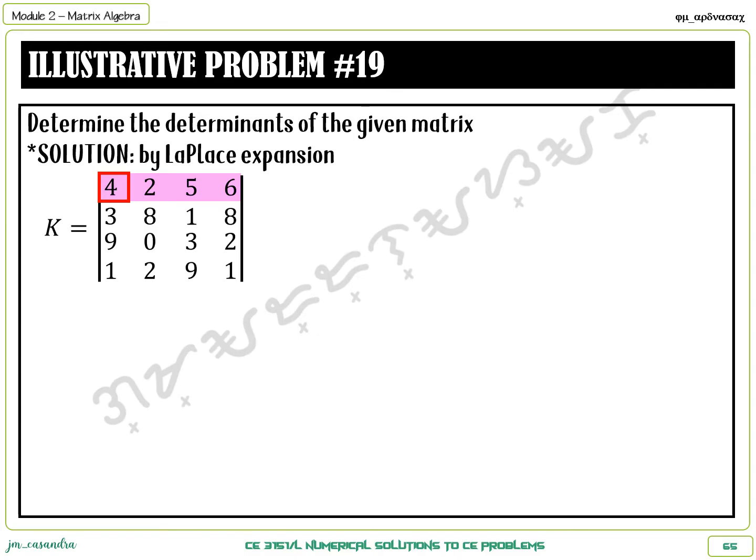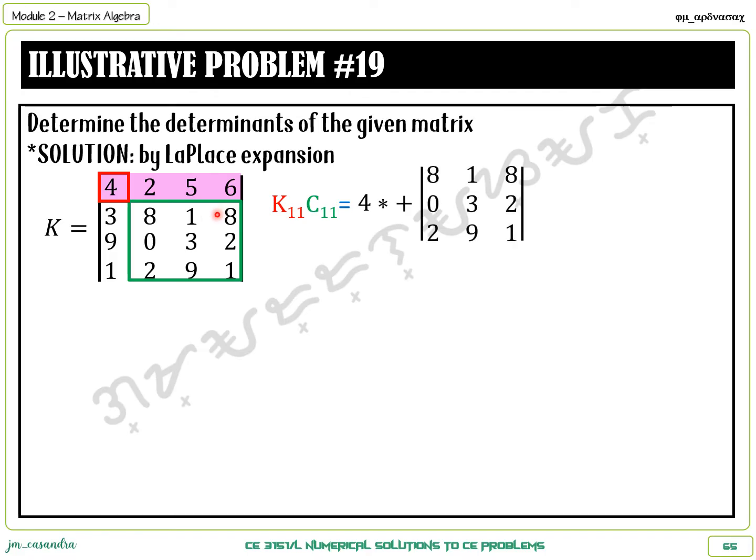So we'll now apply and multiply it to its corresponding minor matrix. So we now have element 11 multiplied to the cofactor. So that will now be equivalent to 4 times the minor matrix.